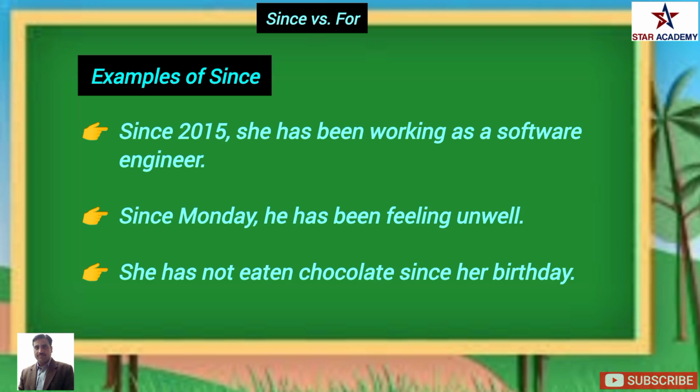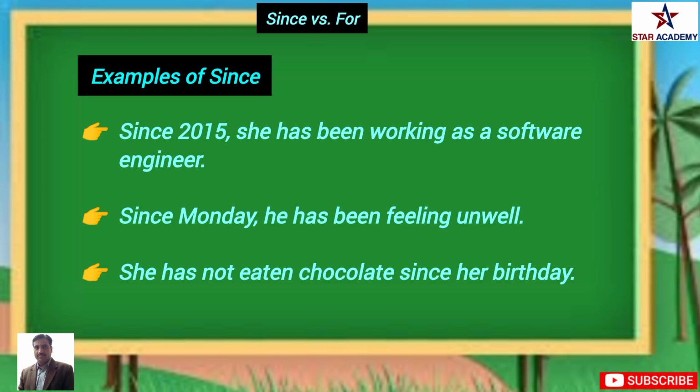Now consider these three sentences and the use of since. In the first sentence, since indicates the point of time, that is 2015. That's the beginning of her working as a software engineer. In the second example, since Monday, it is for a specific day. So since is used here to indicate a specific day.